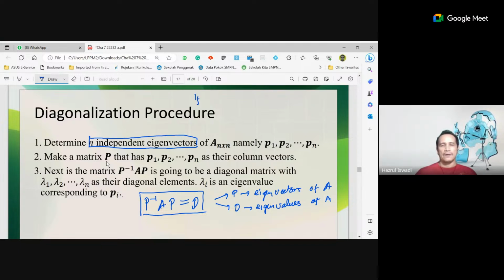So if the number of eigenvectors P1, P2, up to Pm is less than n, then A cannot be diagonalized.